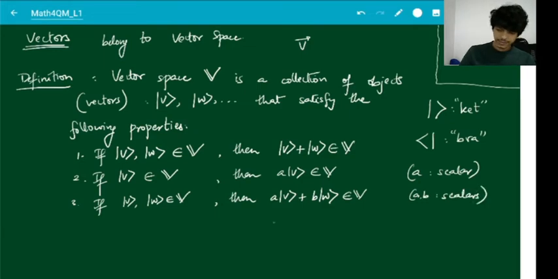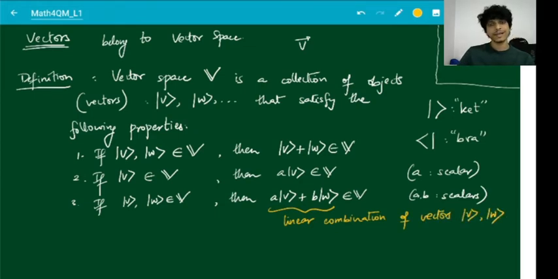So there's a special name for doing this kind of thing. We call this a linear combination of vectors V and W. Why linear? Because we are not doing any V square or W square. It's just simply adding them up. We've not defined any notion of multiplying vectors yet.